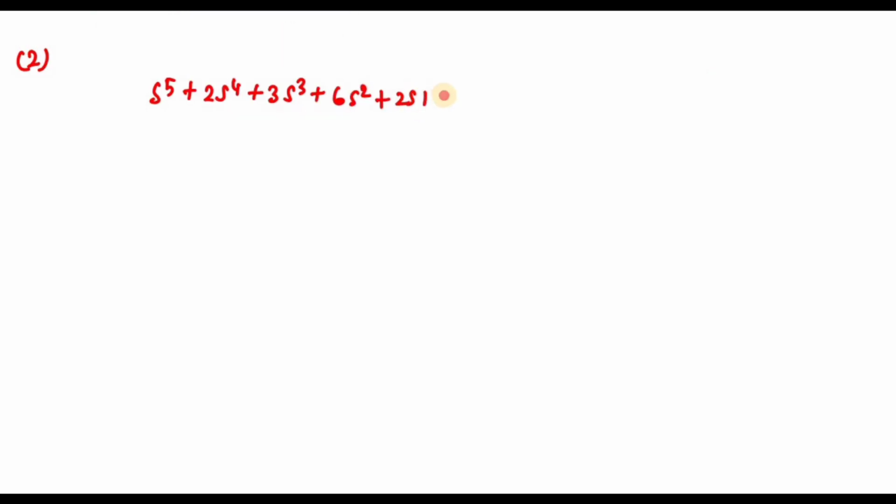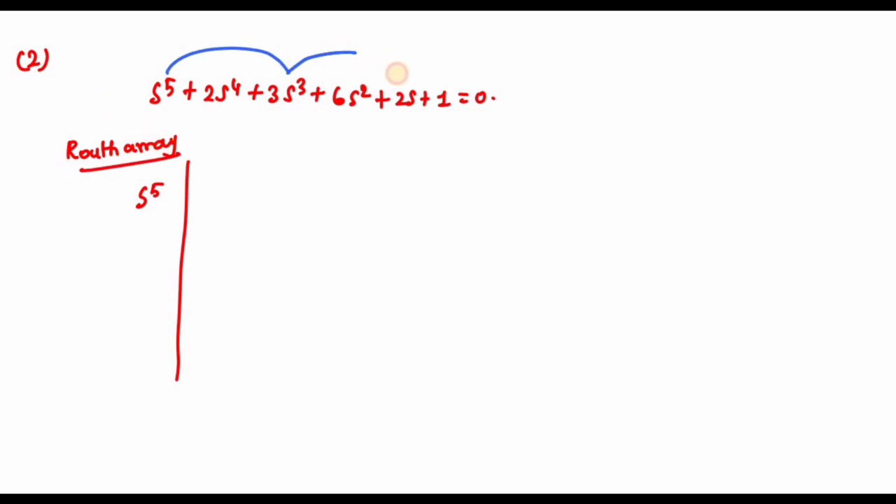Next let us see some special cases. The question is s power 5 plus 2 s power 4 plus 3 s power 3 plus 6 s square plus 2s plus 1. Form the Routh's array. For s5, the coefficients are 1, 3 and 2. For s4, it is 2, 6 and 1.